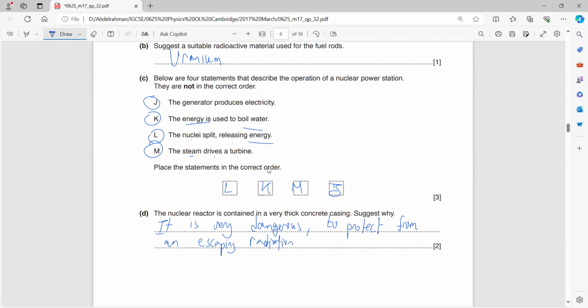All of the radiation that is produced in the reactor is very dangerous. It could cause cancer, could cause mutations. To protect from leaks, gamma radiation to escape, protect humans. You're all correct.